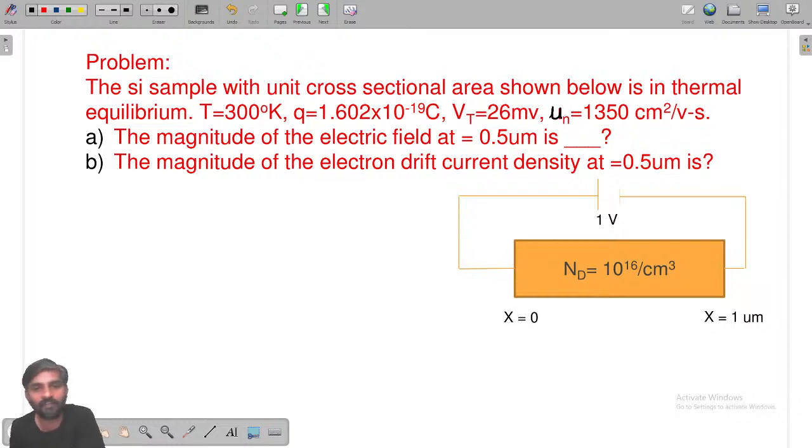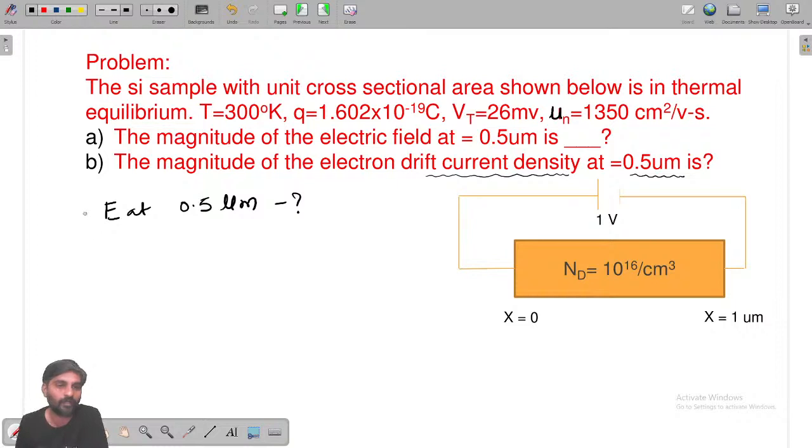The magnitude of electric field at 0.5 micrometers is asked. And the magnitude of electron drift current density, the electron drift current density J at the same distance of 0.5 micrometers, is asked. So how will you do the problem?